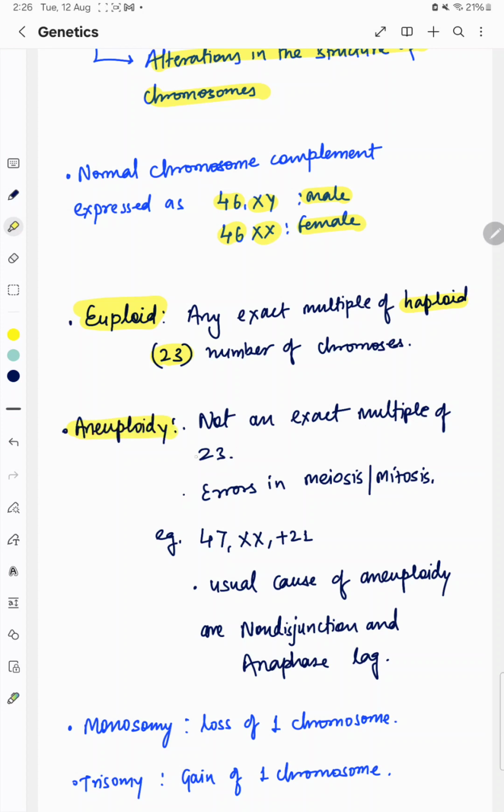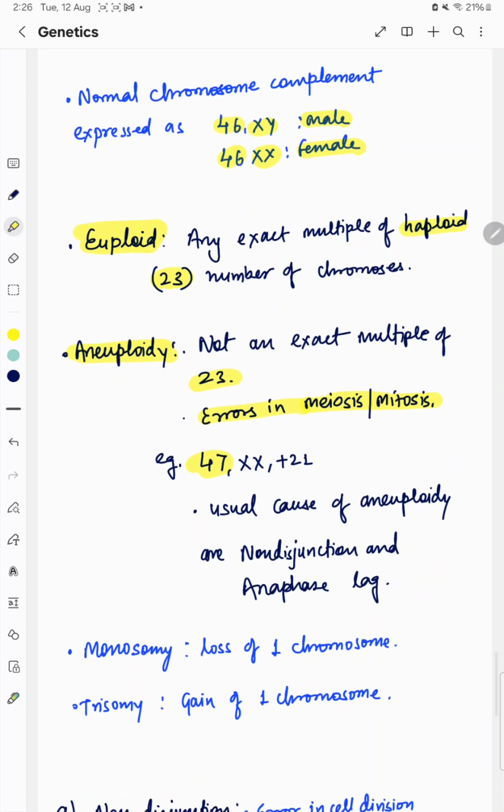It is not an exact multiple of 23, and this is because of errors in meiosis and mitosis. For example, trisomy 21, in which the total number of chromosomes is 47, not an exact multiple of 23. The usual causes of aneuploidy are non-disjunction or anaphase lag.